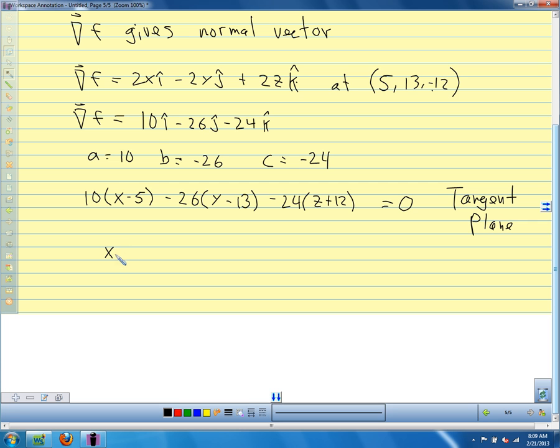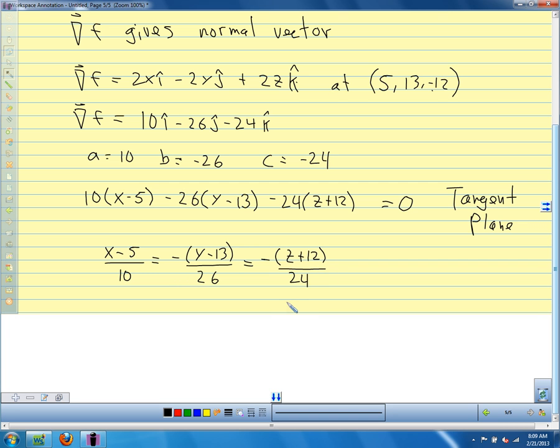So we get x minus 5 over 10, that equals negative y minus 13, I'm just going to write the negative sign there, over 26, and that equals negative z plus 12 over 24.